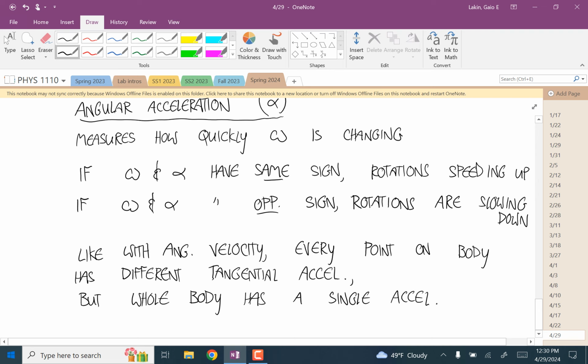Yes? So you mentioned tangential acceleration for individual points. How exactly does that work? Well, with both velocity and acceleration, it basically works like every single point is moving in a circle around the fixed point. And so the tangential acceleration just has to do with what individual circle and what point on that circle the body is on.